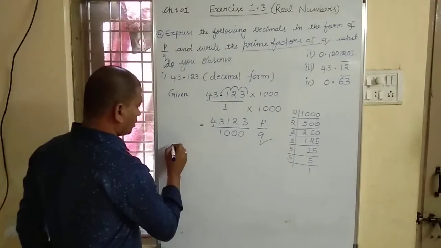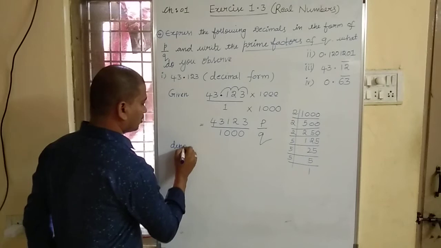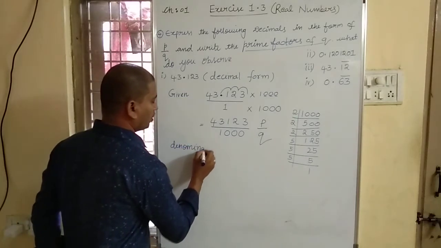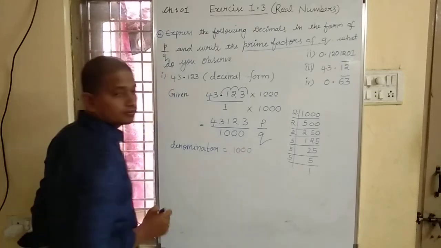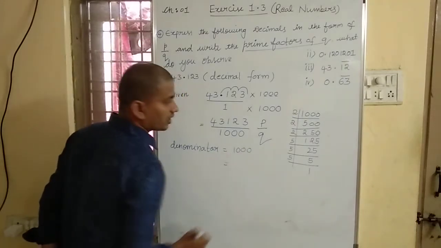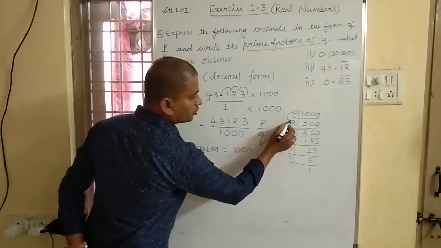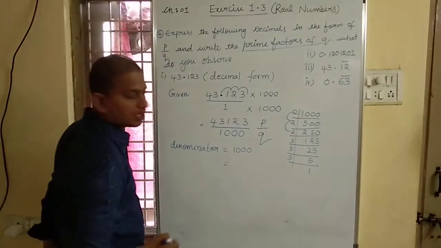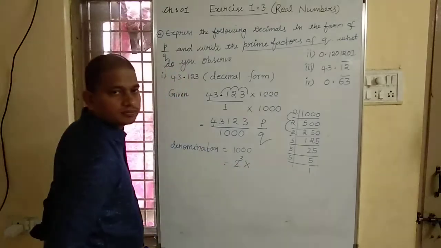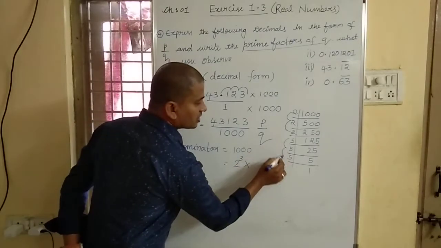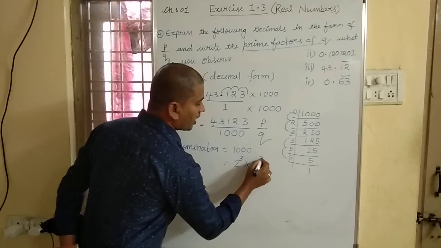See here, the denominator is equal to 1000. 1000 we can write as 2 into 2 into 2. I mean 2 is repeating 3 times, 2 power 3, into 5 repeating 3 times, 5 raised to the power 3.